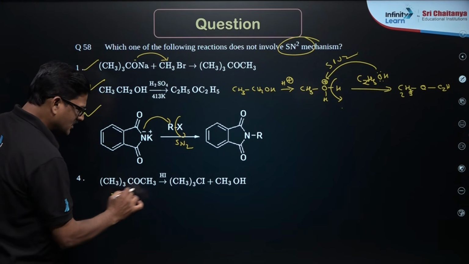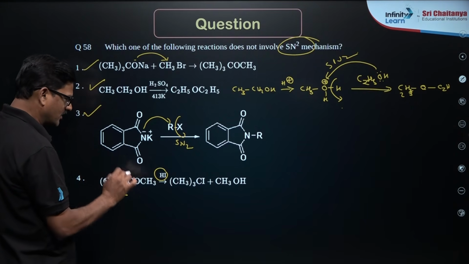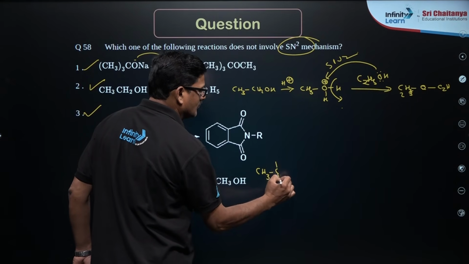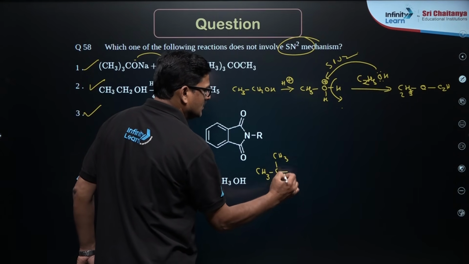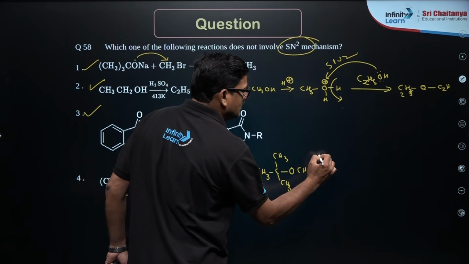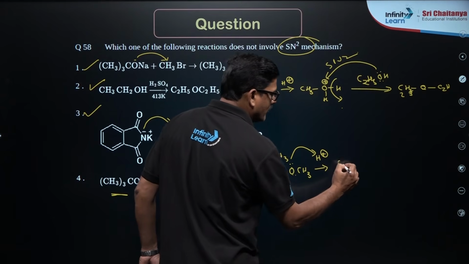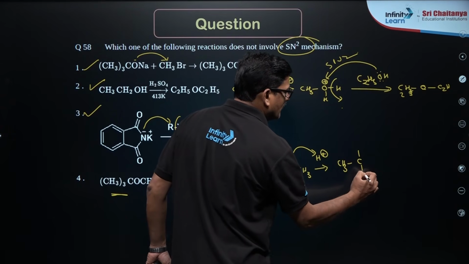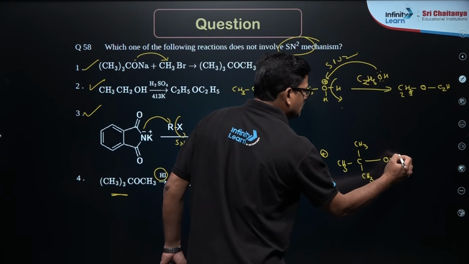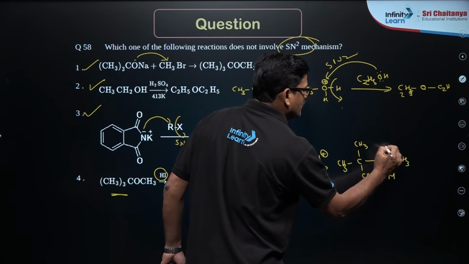While with HI, it is going to form a stable carbocation, CH3, CH3 and CH3, O CH3. So when it is protonated, you are going to get CH3 and CH3, CH3 and O and CH3 and H, and it is positive.